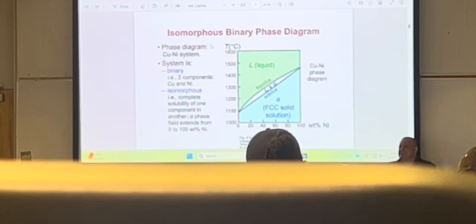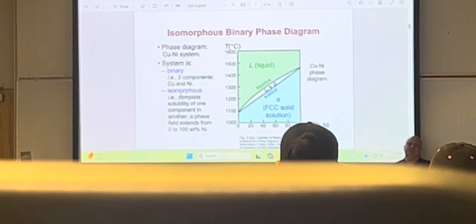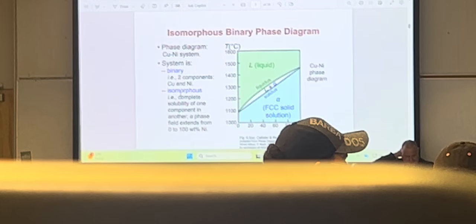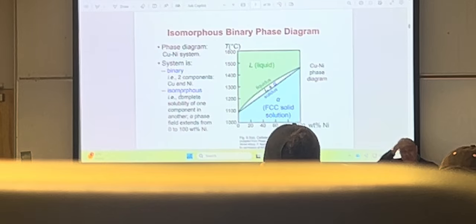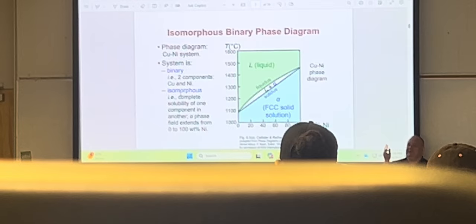Okay, this is called isomorphous binary phase diagram. And this is copper-nickel system. Binary because there are two components. And isomorphous, this is a scientific fancy way to say that there's complete solubility of one component in the other. Just like alcohol and water. You can have 100% water, you can have 100% alcohol, you can have 100% copper, 100% nickel.